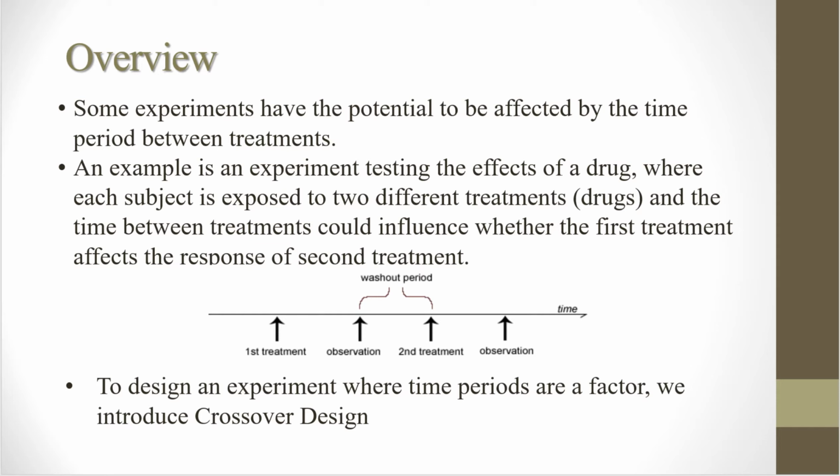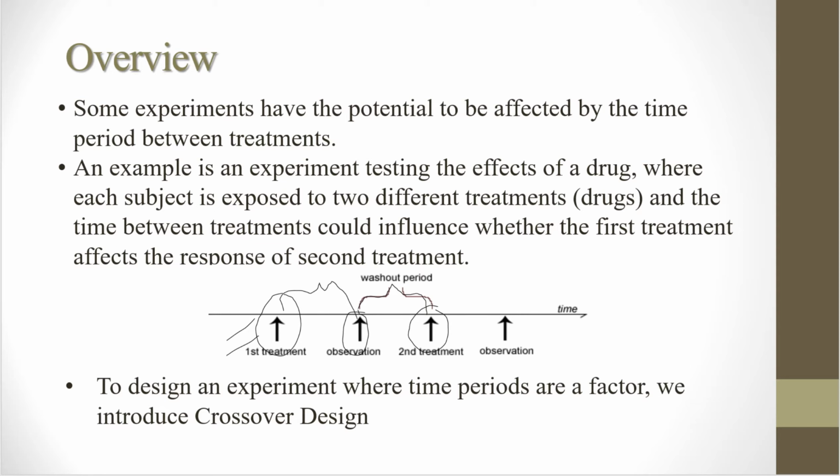Just a brief illustration of this can be seen down here, where you would give your subjects the first treatment, then you allow some period of time to pass, and then record your observation. And then you allow a washout period, another period of time to pass, which allows the carryover effects from the first treatment to ideally be eliminated by the time that the second treatment is administered.